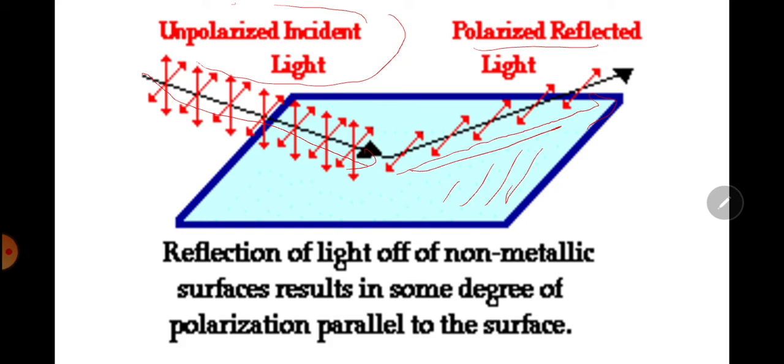Reflection of light off a non-metallic surface results in some degree of polarization parallel to the surface. It might be perfectly polarized by reflection, or it might be partial polarization. Partial polarization can also take place.